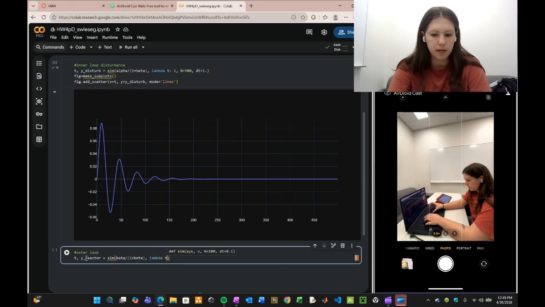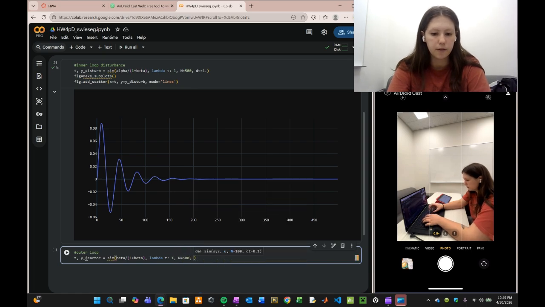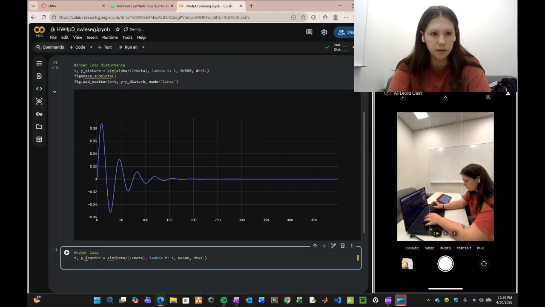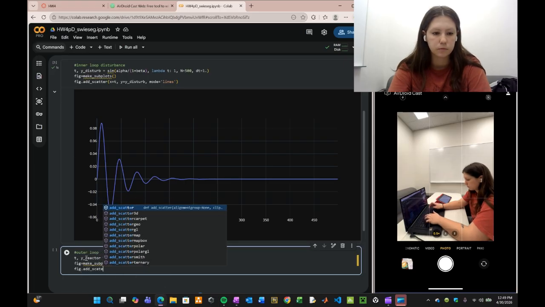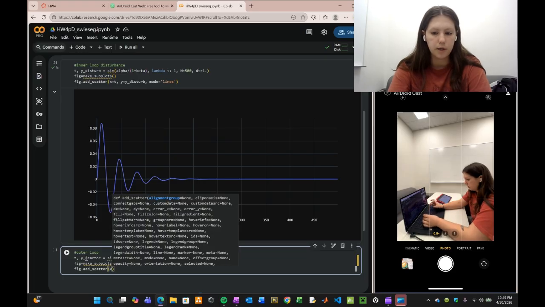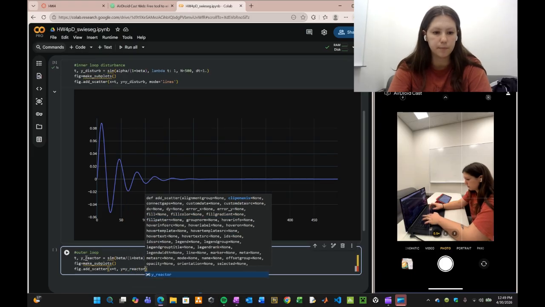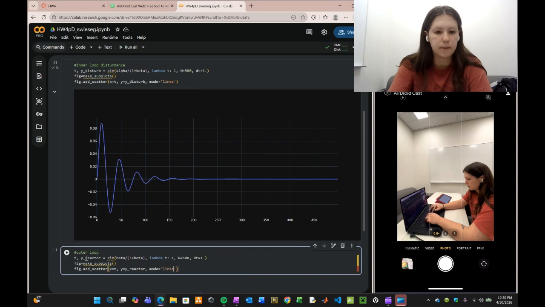Lambda is going to be the same, 1, n equals 500, and then dt equals 1. And then we will make our plots again. X equals t, y equals y underscore reactor, mode equals lines.